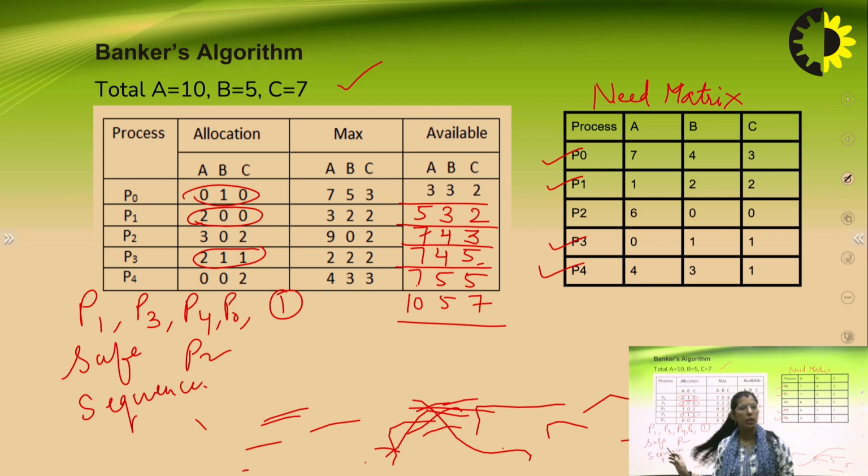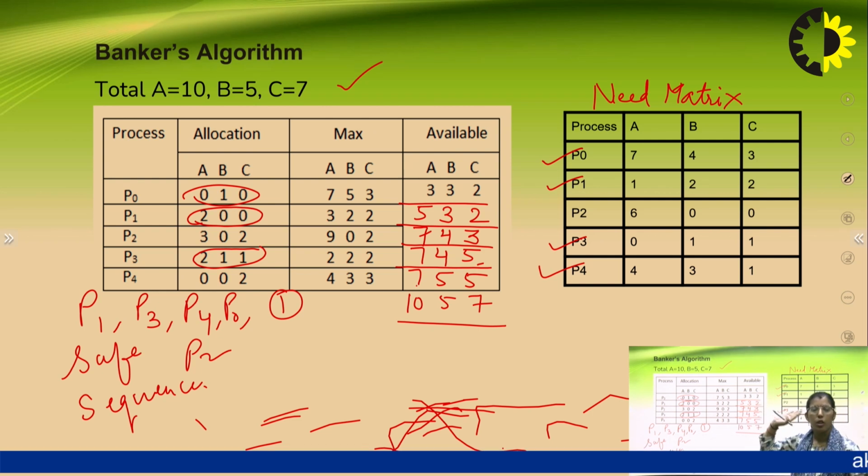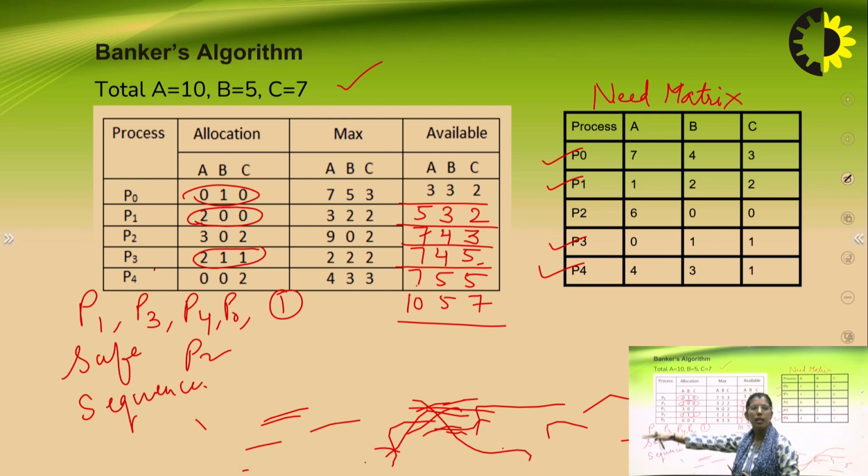This safe sequence need not be unique, as I already told you that after P4 you can go to P0, or it's up to you whether you want to run P2. So it needs not to be unique, but if this particular sequence is present, then it shows that deadlock is not there if we provide these many resources to these processes in this sequence.